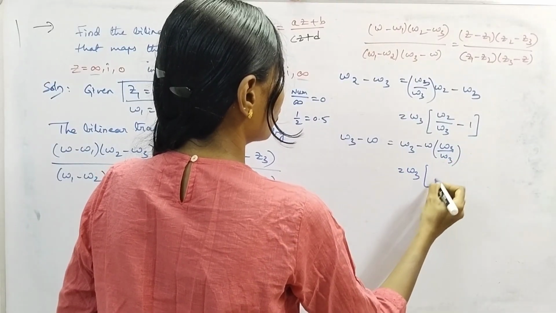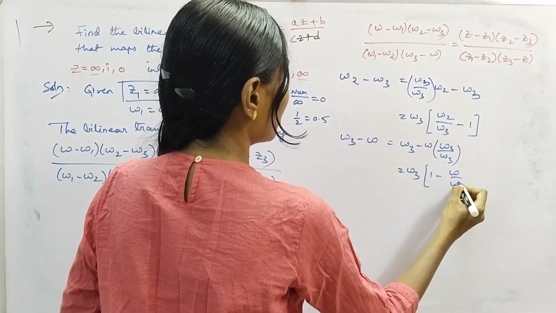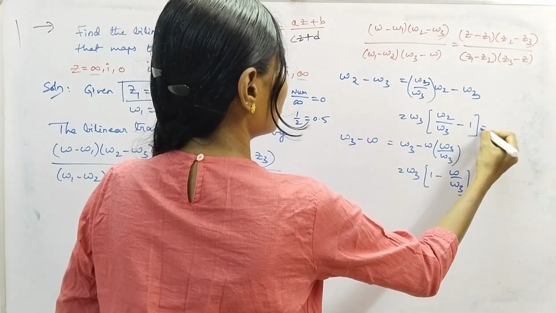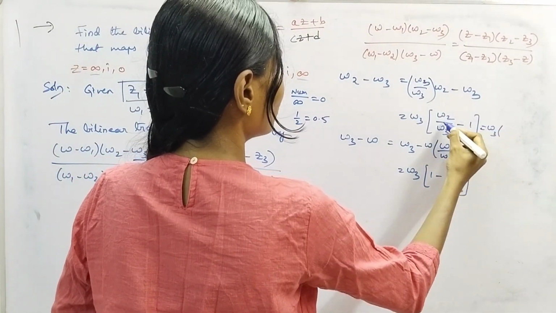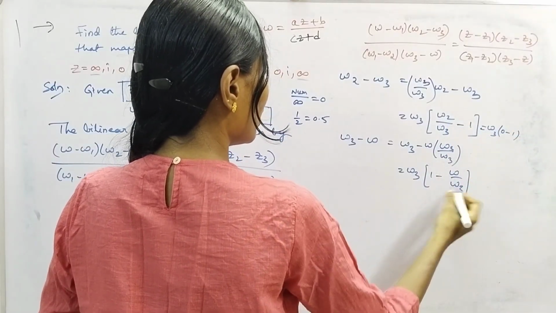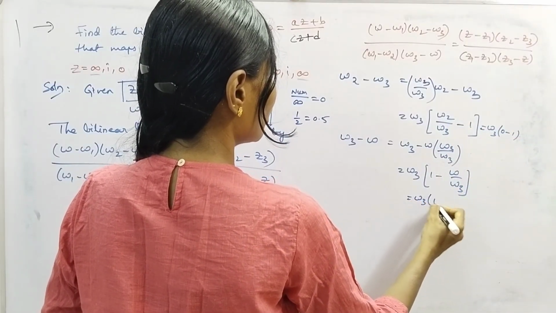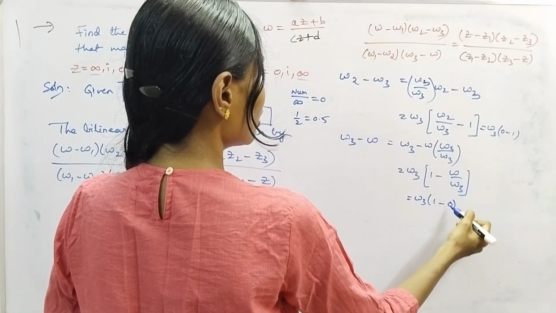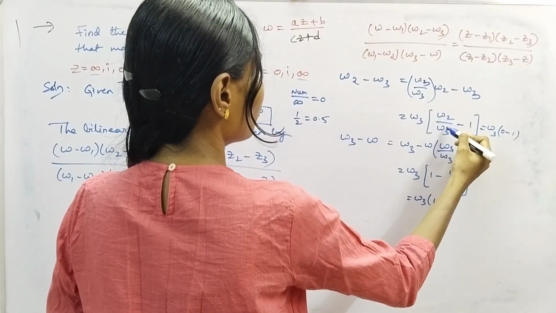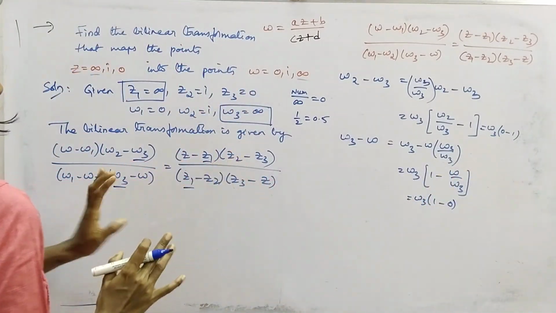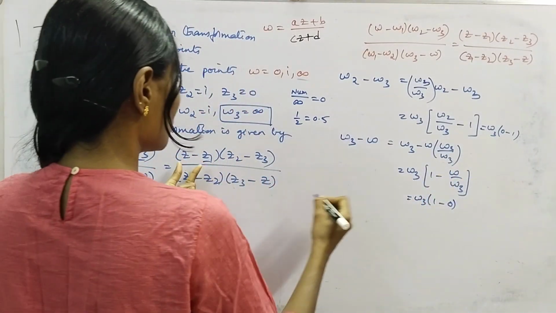Now if you take omega 3 common, you'll get 1 minus omega by omega 3, okay? And this becomes omega 3 into 0 minus 1, and this gives us omega 3 into 1 minus 0, because omega 3 is infinity. A number by infinity becomes 0. Just keep this in mind, okay? I'll show you again while solving the problem.